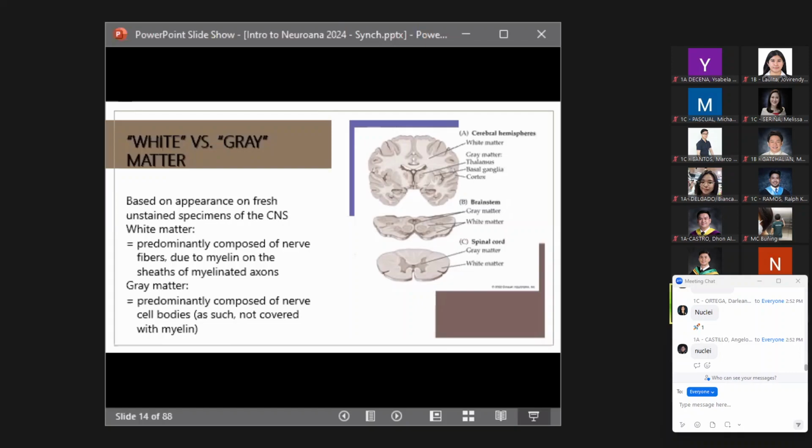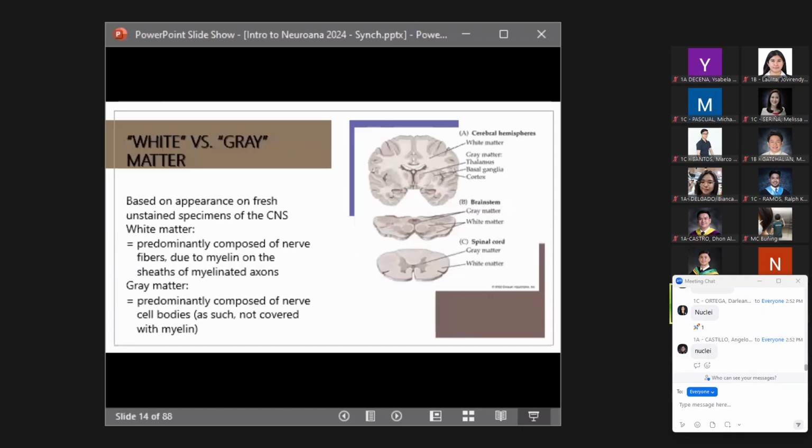That is how it appears in the spinal cord. You will find out why in the lecture on development of the central nervous system, from the neural tube.